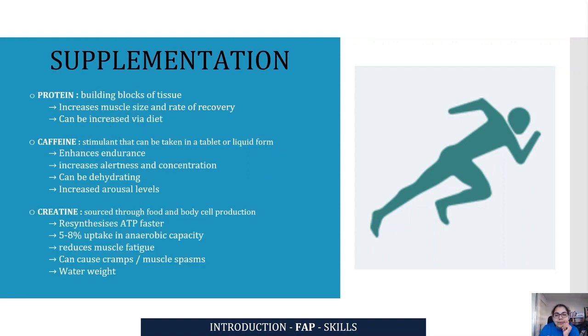Okay, supplementation now for proteins. So proteins are building blocks of tissues. Everything in your body, most of the structures, they require proteins. So proteins are essential. Now, protein can increase muscle size and also the rate of recovery, and it can be increased via diet.